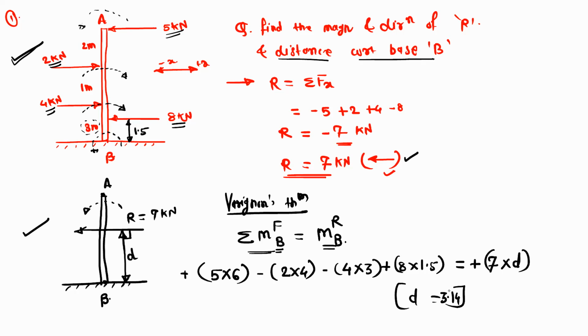So the distance d with respect to point B is equal to 3.1428 meter. Okay. So you can check this answer.